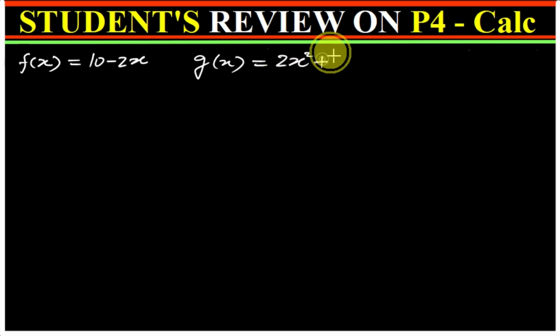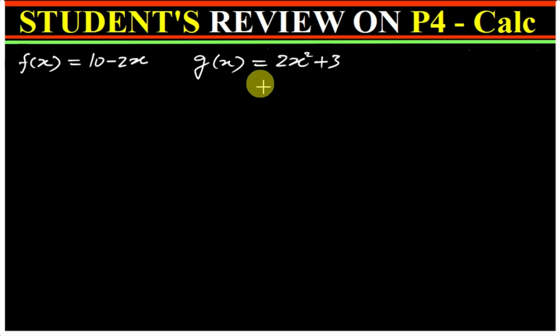Another question was based on functions. In this question, two functions were given. The first was f(x) equal to 10 minus 2x, and the second function g(x) is equal to 2x squared plus 3.